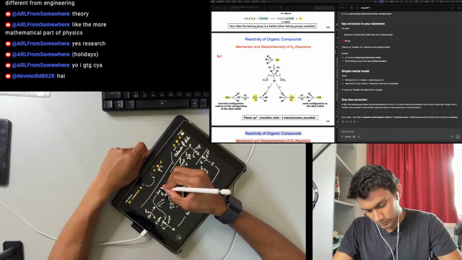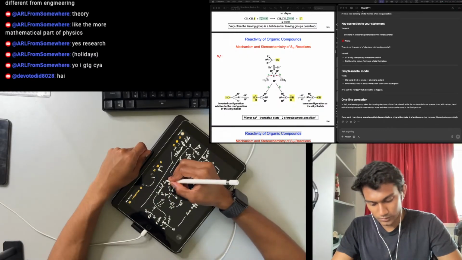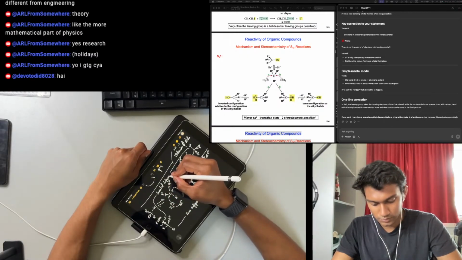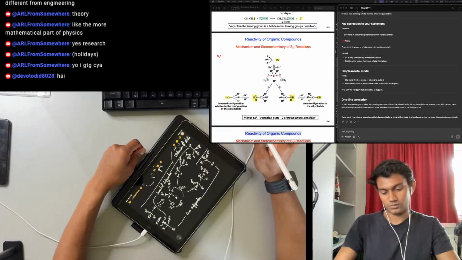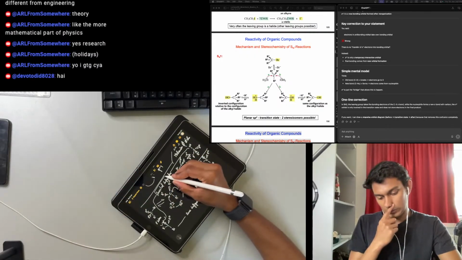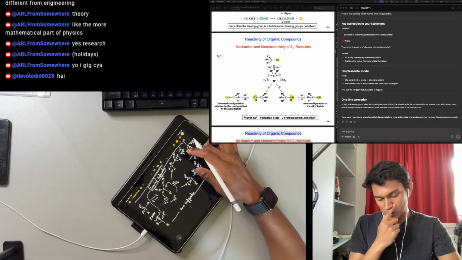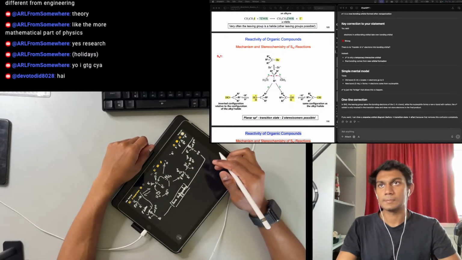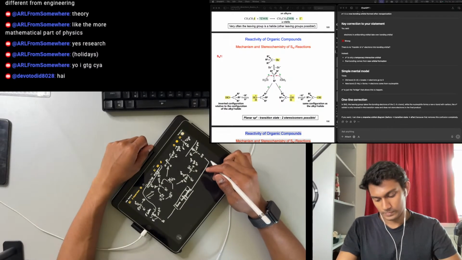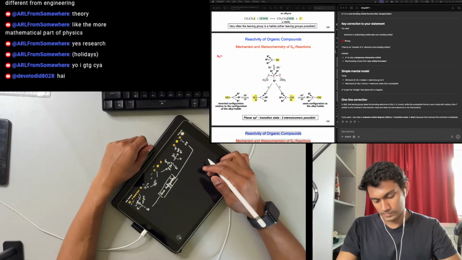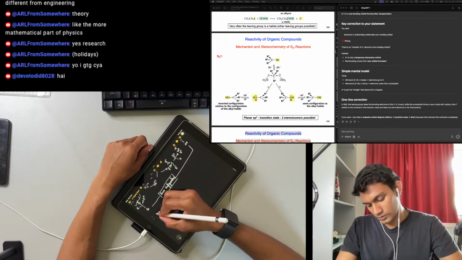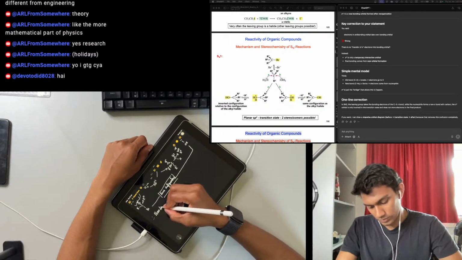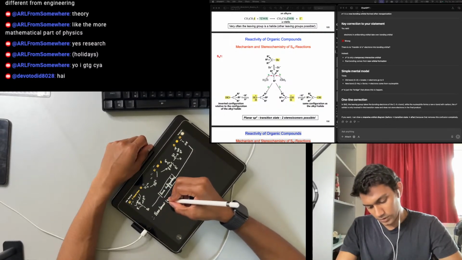Inverted configuration. Okay. Stereo isomers possible.